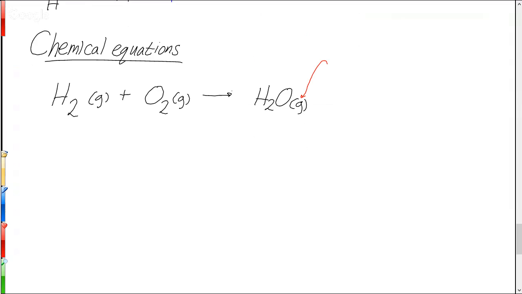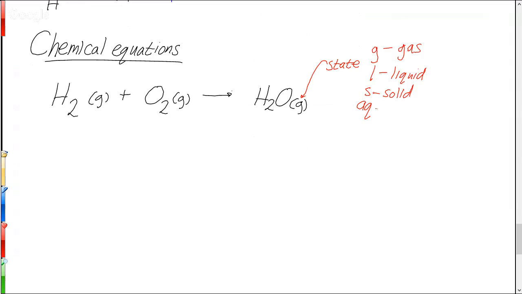Yeah, the state of matter. So this is going to be the state. G is gas, L is liquid, S is solid. And there's one more that we use that's not exactly a state, but it works well.